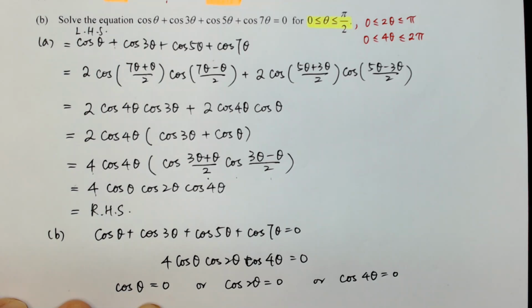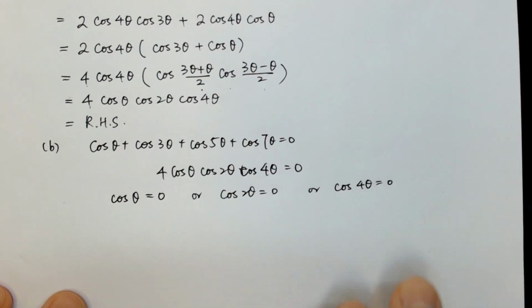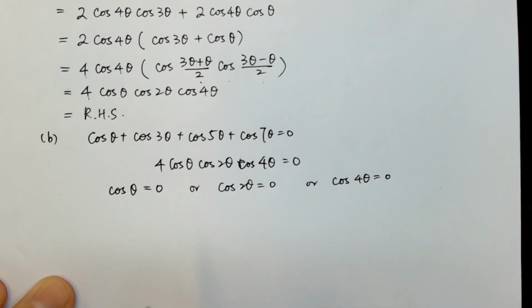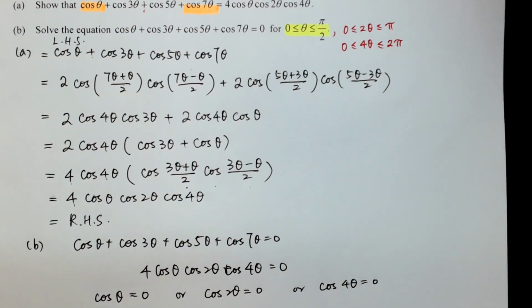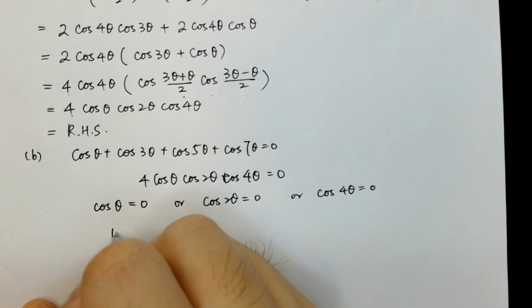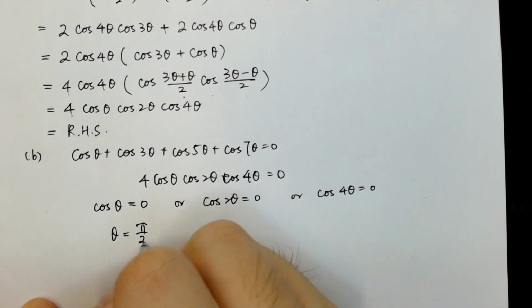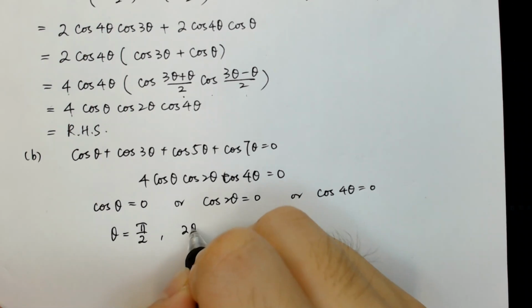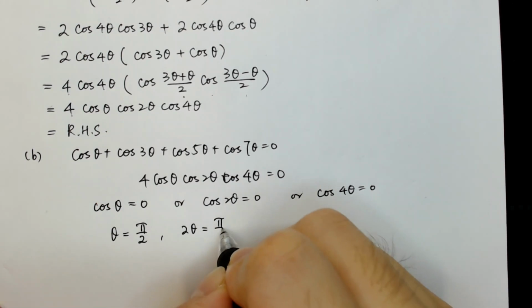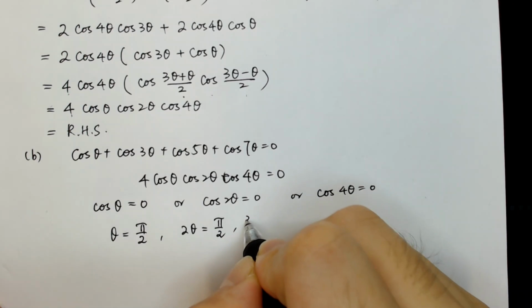And when do we get 0 for cosine? It is at pi over 2, 3 pi over 2, okay, the two basic angles. So for theta ranging from 0 to pi over 2, there's just only one solution. Theta is pi over 2. And for cosine 2 theta, we know that 2 theta is pi over 2 and 3 pi over 2.